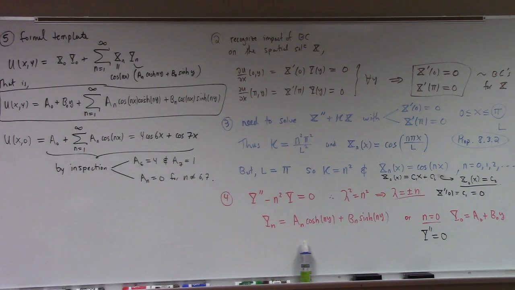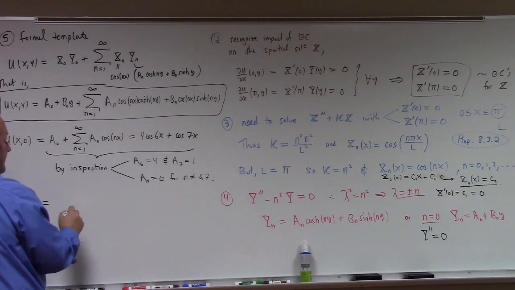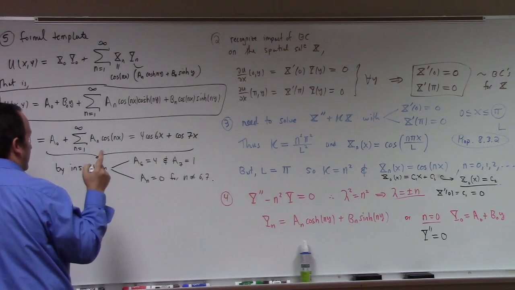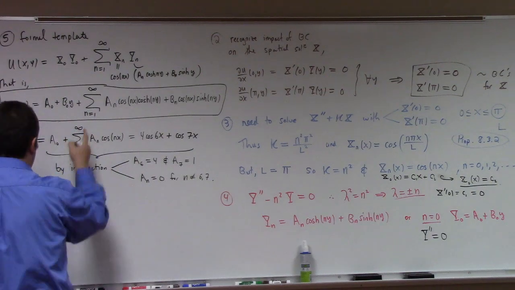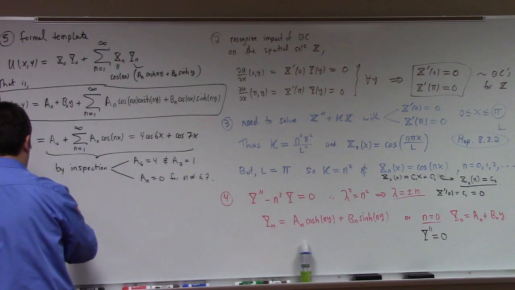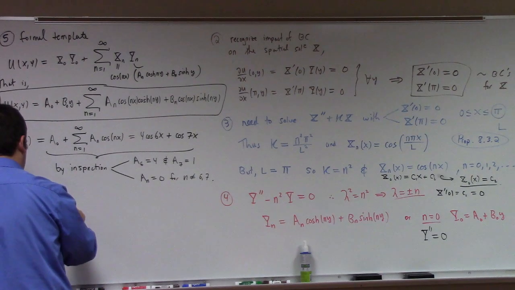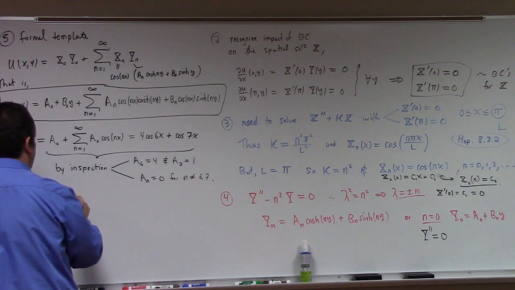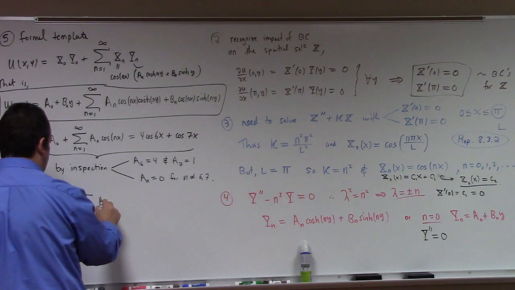So the other boundary condition here at y equals 1 is what? U of x comma 1 is 0. So what's u of x comma 1 equal to? Let me just work it out here. So u of x, 1 is a sub 0, which we don't even need to write anymore, right? And b sub 0, which might be nonzero, we don't know yet. B sub 0 times 1, plus the sum of, and I'm just going to leave it symbolic for the moment.